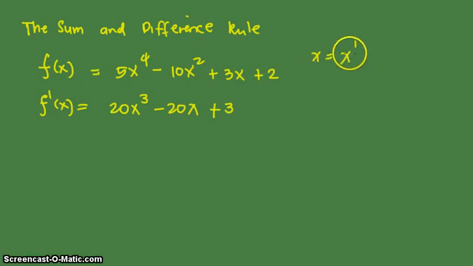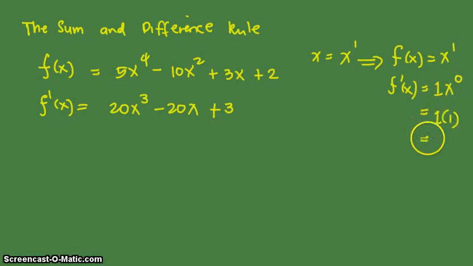So when you get the derivative of x by the power rule, let's say the function is x to the 1, so f prime of x is equal to bring down the 1, and then you have x to the 1 minus 1, which is 0. X raised to 0 is equal to 1, so 1 times 1 equals 1. So this is just 3 times 1. Now if you look at it, whenever the function is in the form of a number with the x, the derivative is always that number.